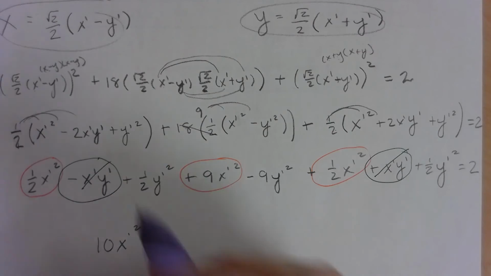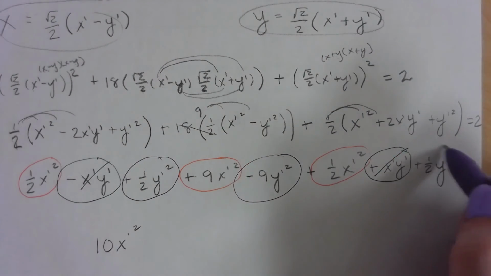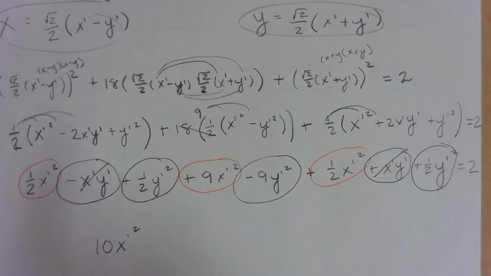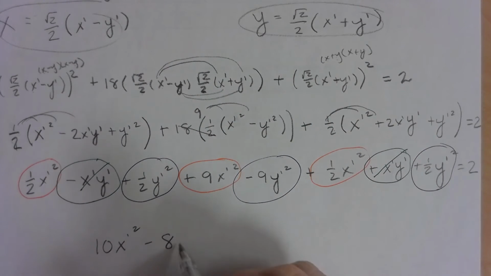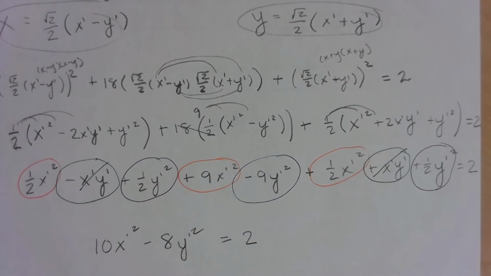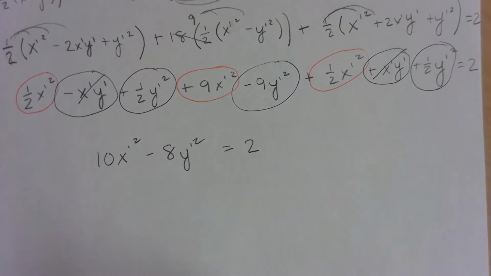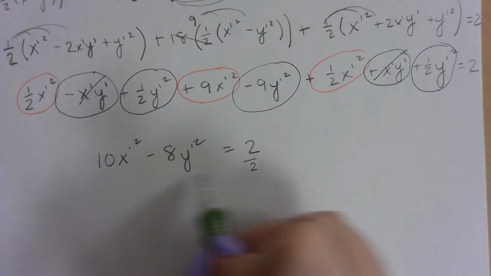Okay, so then we got our y squared, so we got a half y minus 9, and then another half, so we've got 1 minus 9 will give us negative 8y prime squared, and then equals 2. Now remember that we are going to make this 1, so we're going to divide everything by 2.